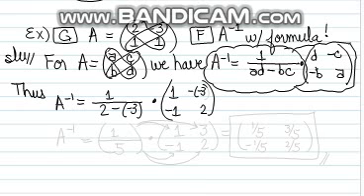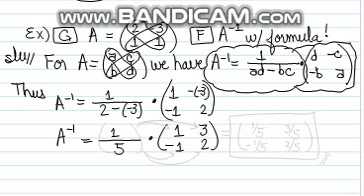Now we simplify. A inverse is equal to 1 over 2 plus 3 is 5, 1/5, times 1 down below negative 1. Double negative makes positive 3 down below 2. Now, if you want to be really clean, you go ahead and distribute multiplication by 1/5.